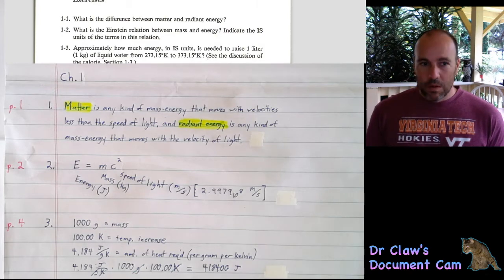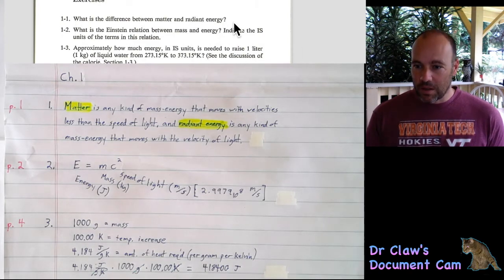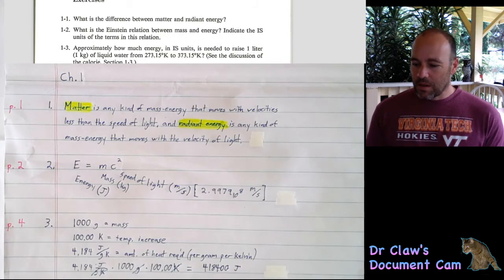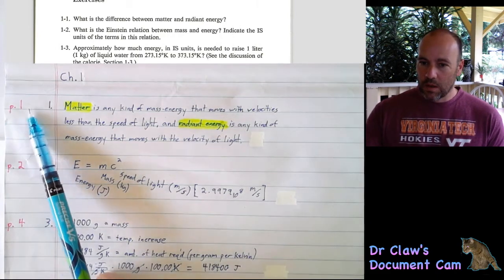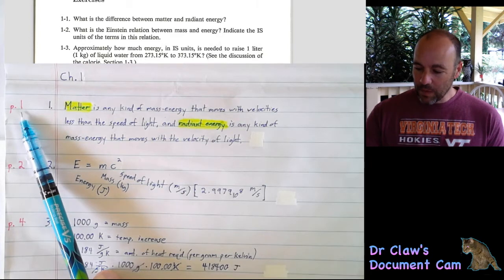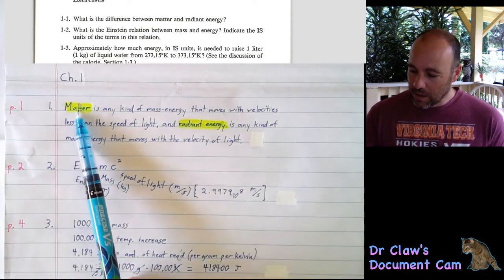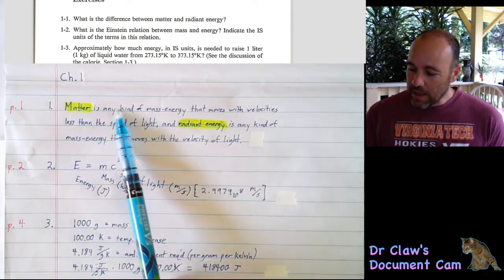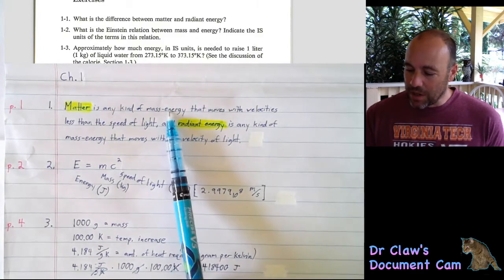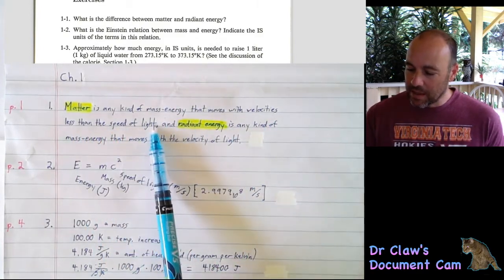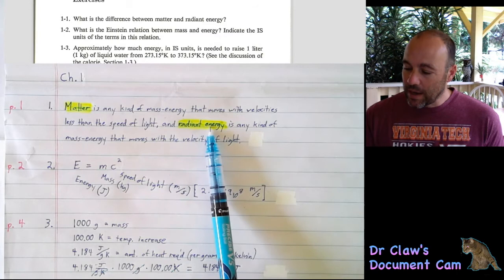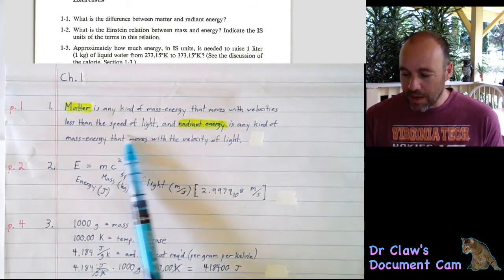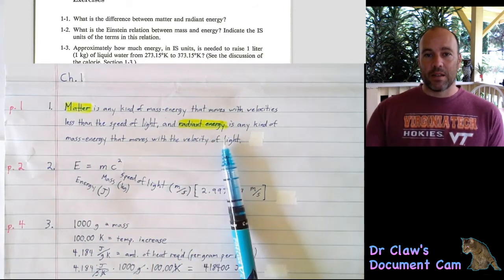So problem number 1 asks, what is the difference between matter and radiant energy? This is discussed on page 1 of the textbook. And this is a very interesting take. So matter is any kind of mass energy that moves with velocities less than the speed of light, while radiant energy is any kind of mass energy that moves with the velocity of light.